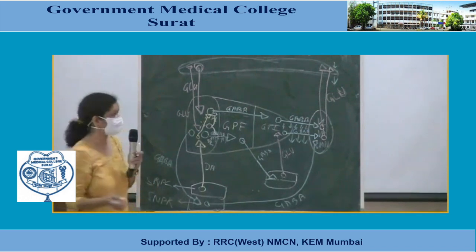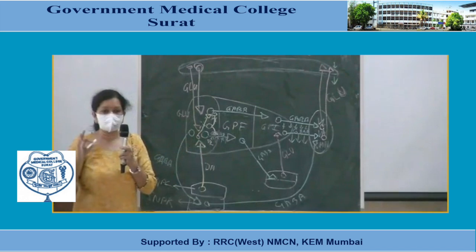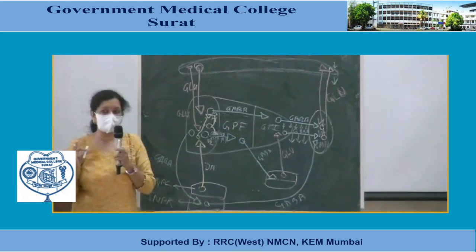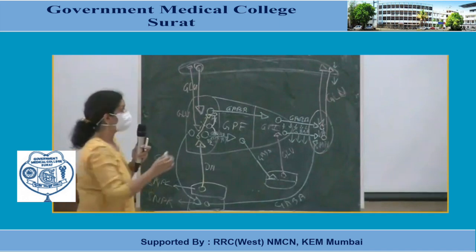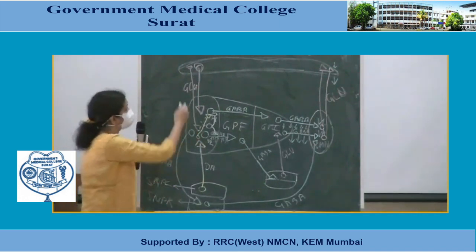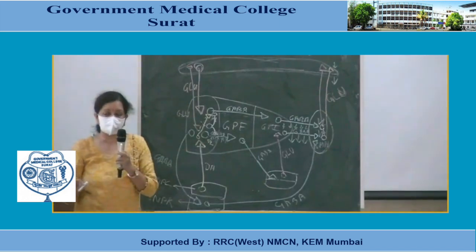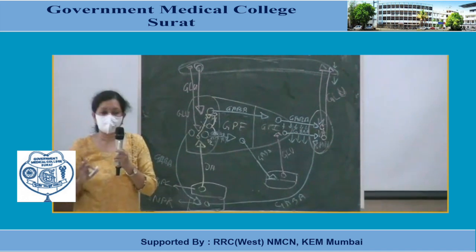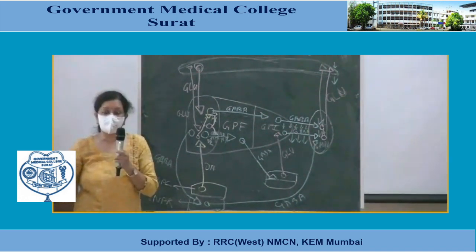The putamen circuit is mainly concerned with the control of motor activity. Its corticostriatal fibers terminate in the putamen region.